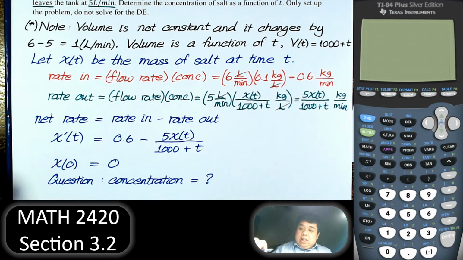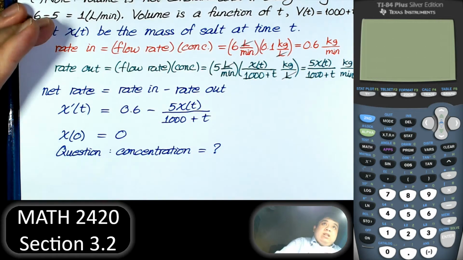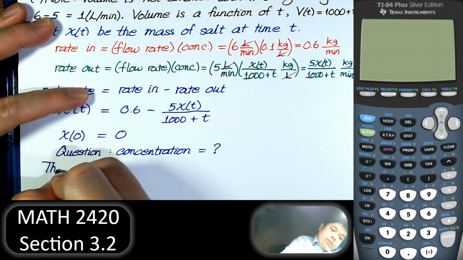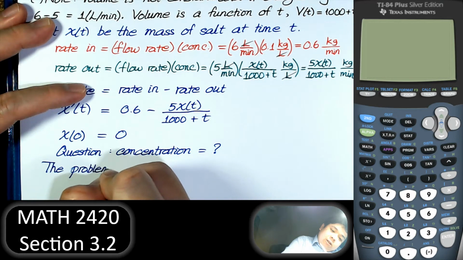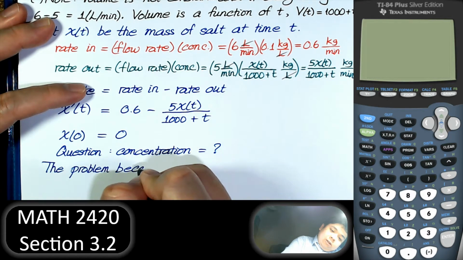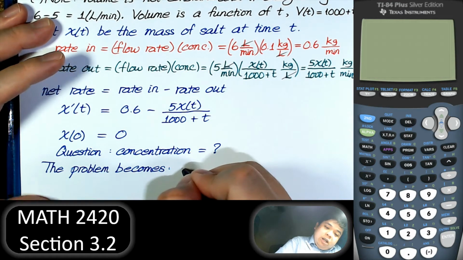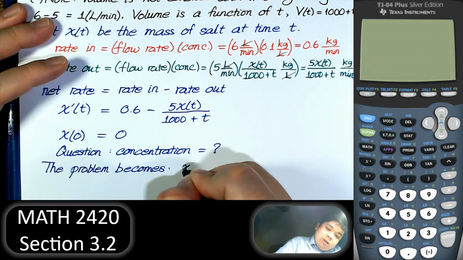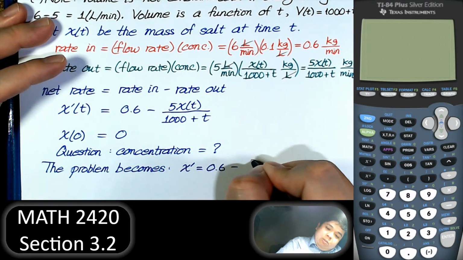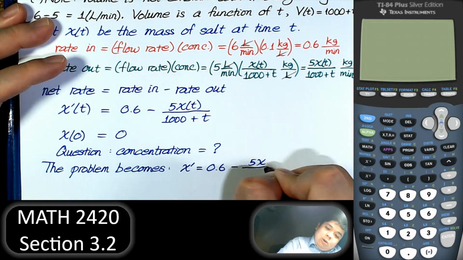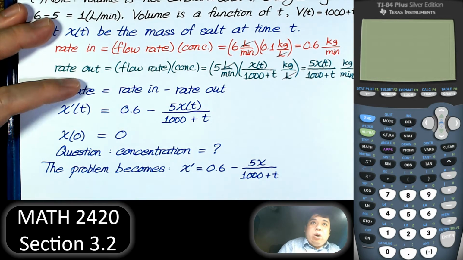Right, so let's just write the problem. With all of this, the problem becomes: the initial value problem, where the differential equation is x prime equal to 0.6 minus 5x over 1000 plus t. That is the equation.